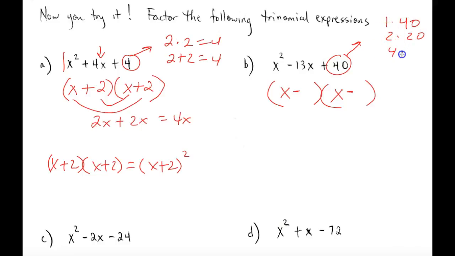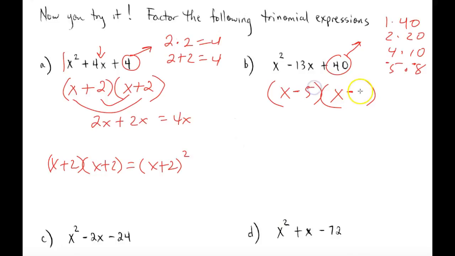We also have 4 times 10, and we have 5 times 8. And of course, the 5 and the 8 would work if we made both of these negative. We know that a negative times a negative is a positive, and so that would give us a positive 40, and a negative 5 plus a negative 8 will give us a negative 13.